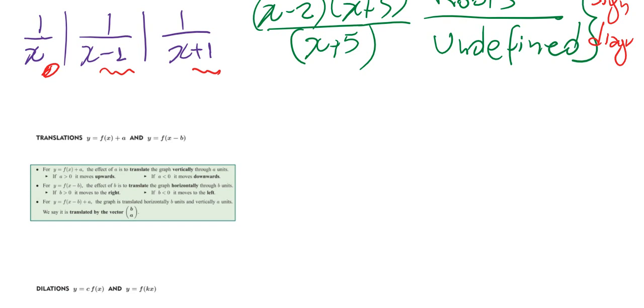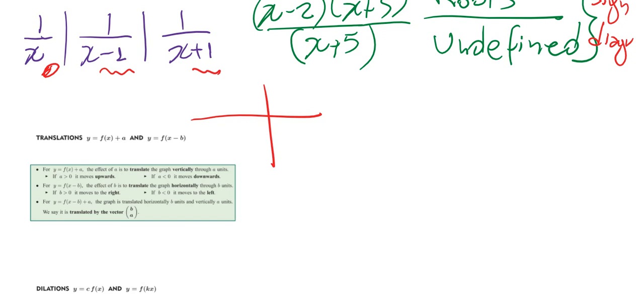What is transformation? Transformation means translation, which is a vertical or horizontal movement, a translation by a certain vector, as we call it. And dilation is when we stretch or shrink the function.